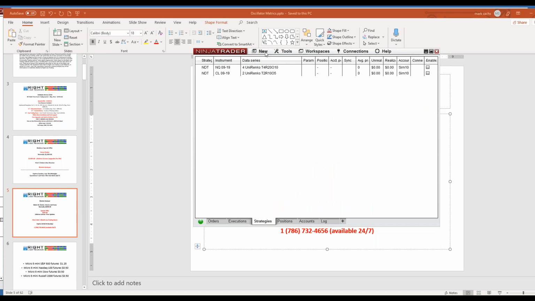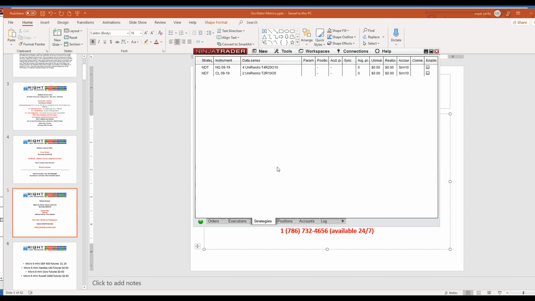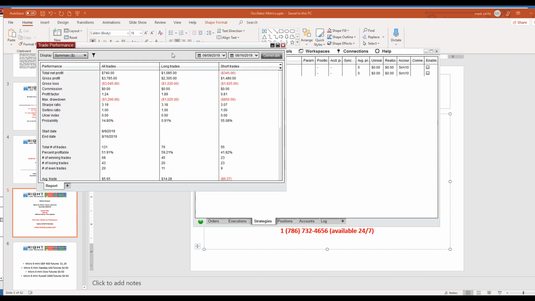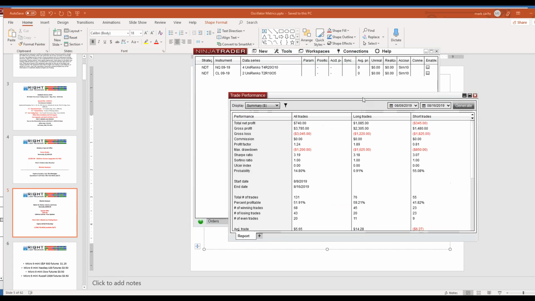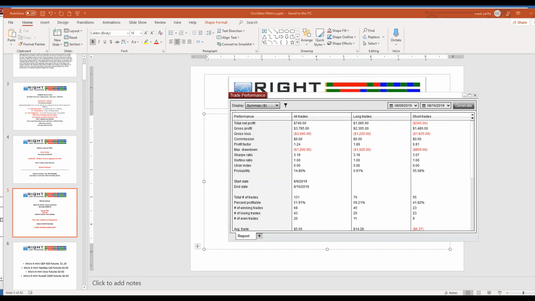Let me go to new trade performance. It's right here. We move this off to the side here. Now let me move it to 816 to 816, generate. We made $520 today.